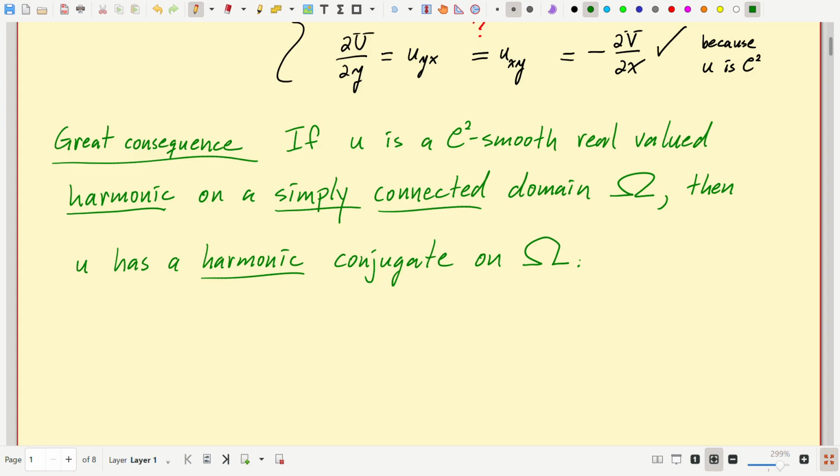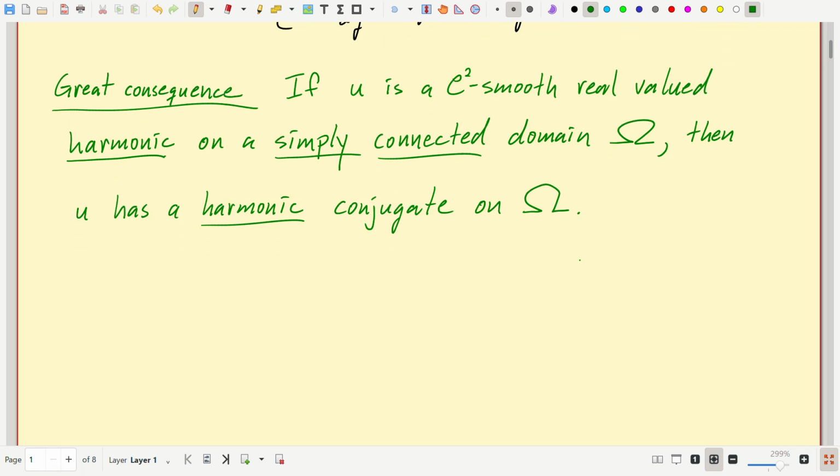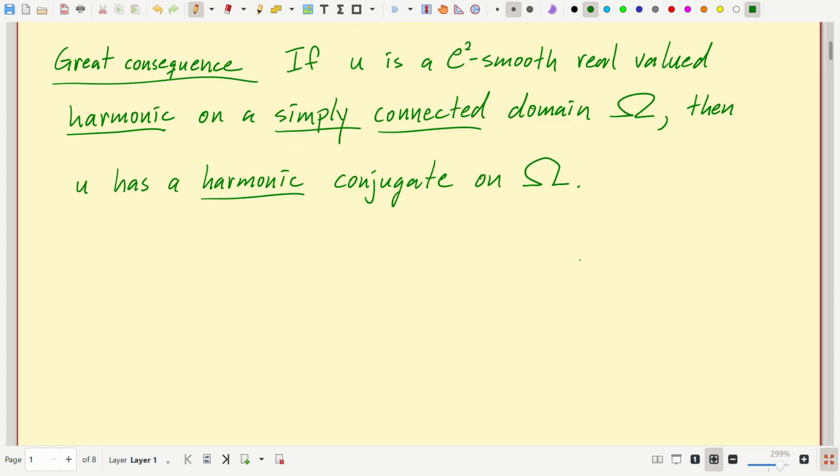I call that a global one. It's one that works on the whole of omega. You can always do it locally on a disk. The big question is, can you piece those together and get one on the whole region? The answer is yes. And we won't have to use topology to do this because we have some facts at our disposal here. So I'm going to think out loud here for a second.